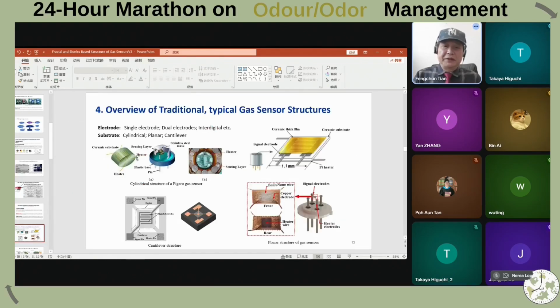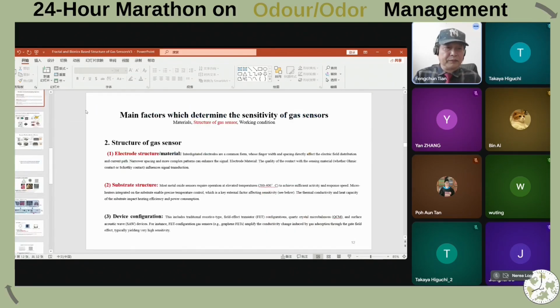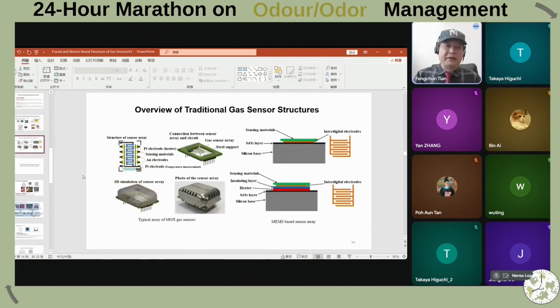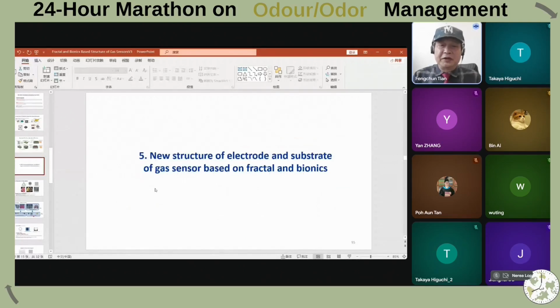For the gas sensor structure, there are many, such as cylindrical structure, planar structure, and cantilever structure, and some other structures. So the new structure of electrode and substrate of gas sensor based on fractal and bionics, which we proposed, will be introduced below.